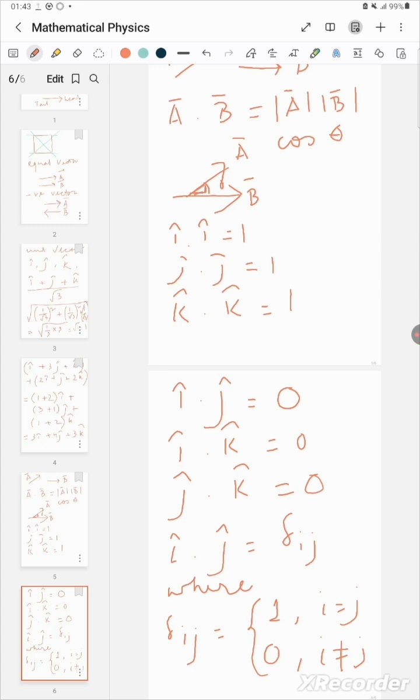So basically the Kronecker delta function gives a value of 1 when its two variables are equal and a value of 0 if its two variables are unequal.